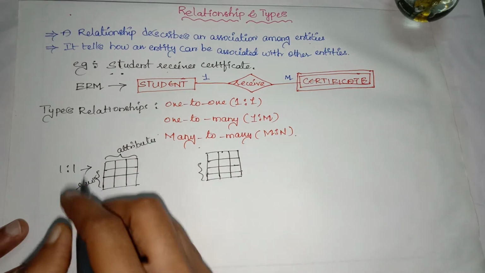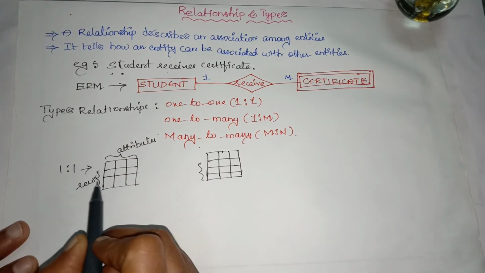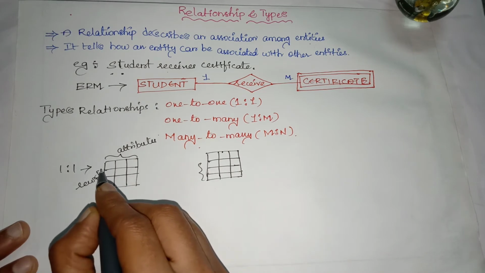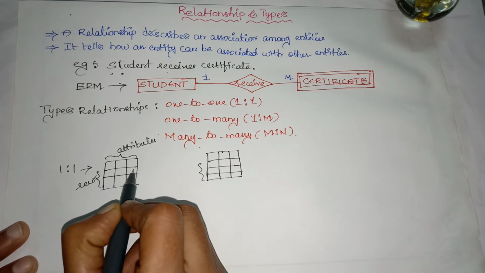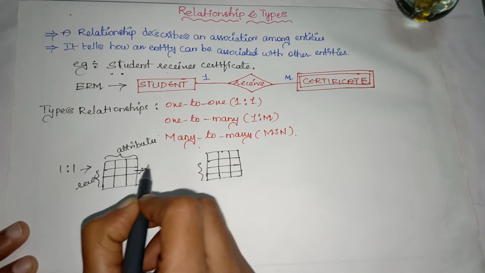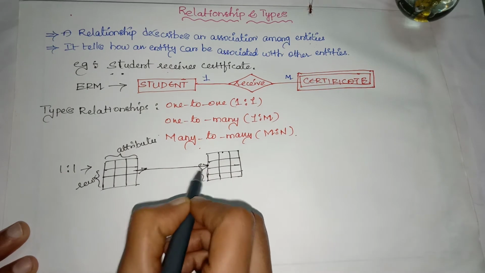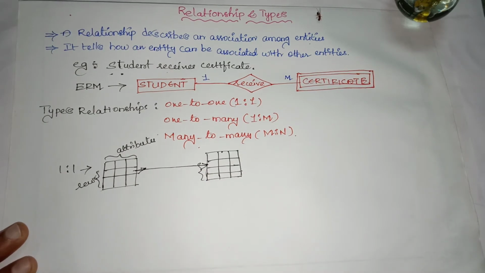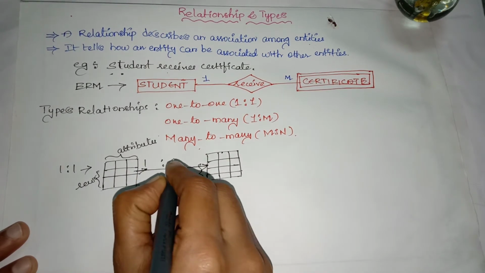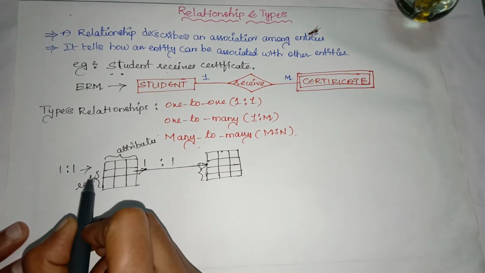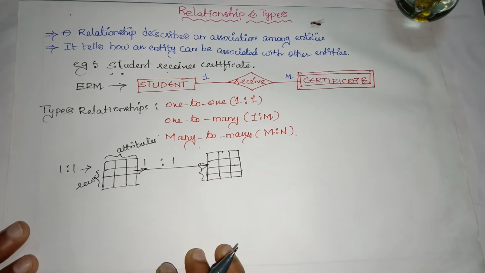So what I'm saying is, in a one-to-one relationship, each record in a table can have only one matching record in another table. Suppose one record has only one match with a record of another table, that is called one-to-one.